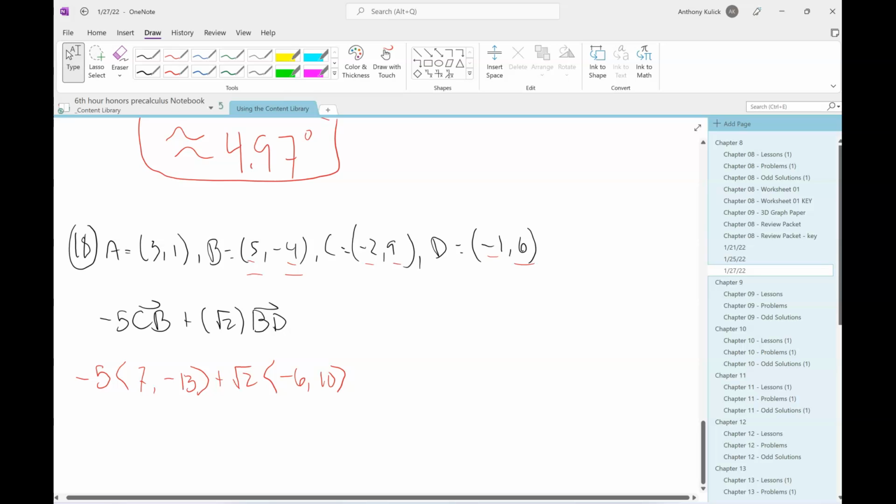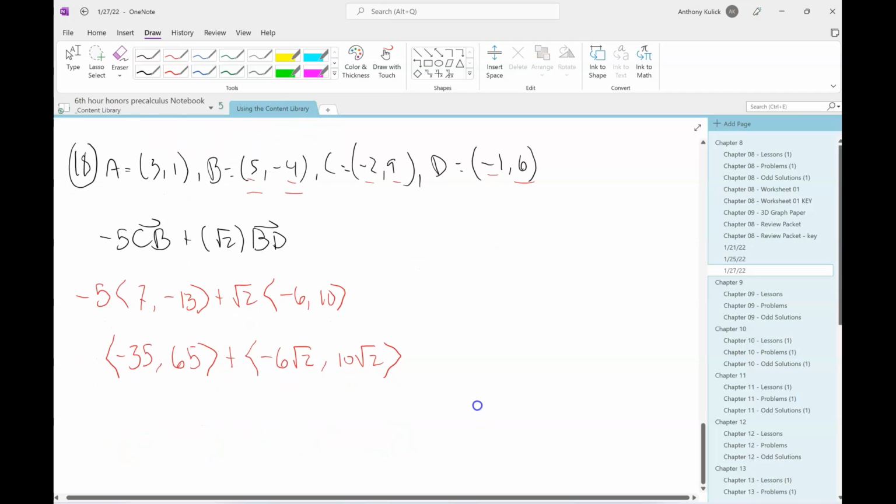Feel okay? I'll do my scalar multiplication next. Again, order of operations is the same, so I want to do multiplication before addition and subtraction. Now I can't multiply a radical by a rational number, so I'm just going to do 6 root 2 and 10 root 2. And then to add these, we add the x components together, and then add the y components together.